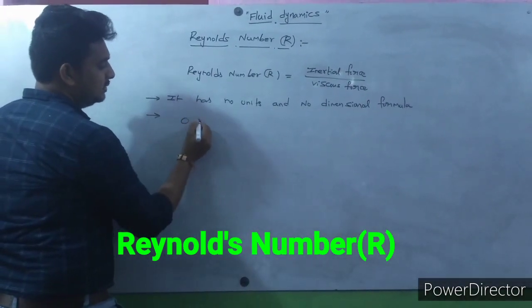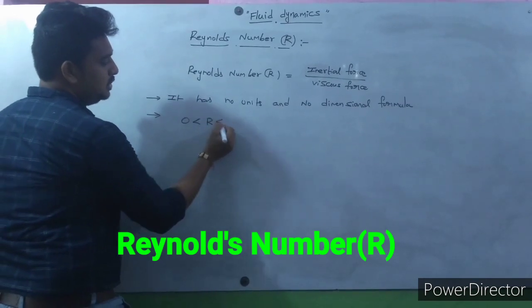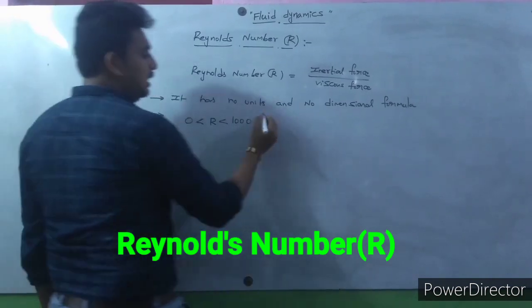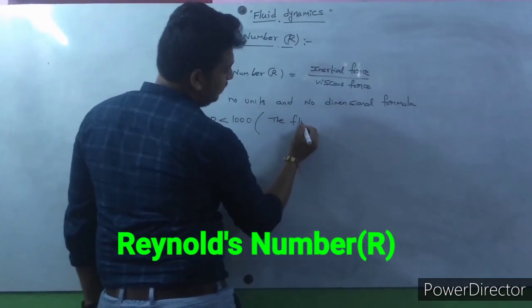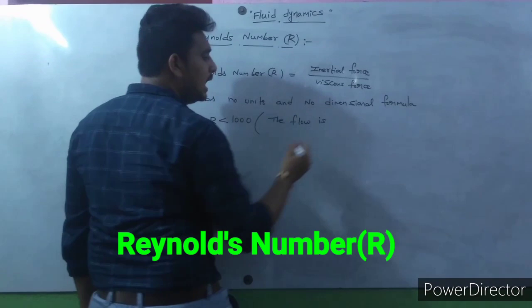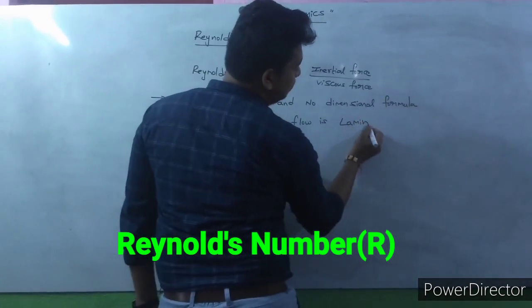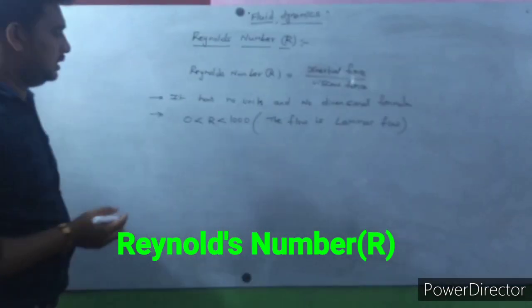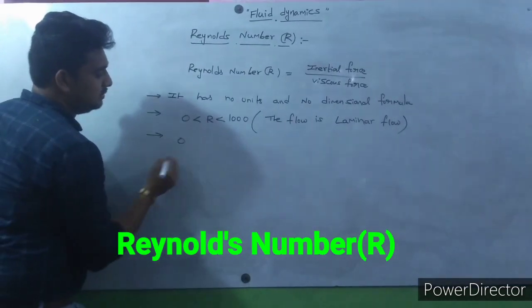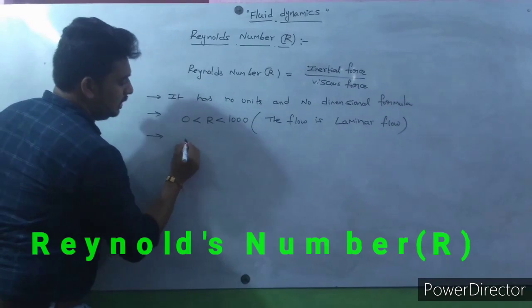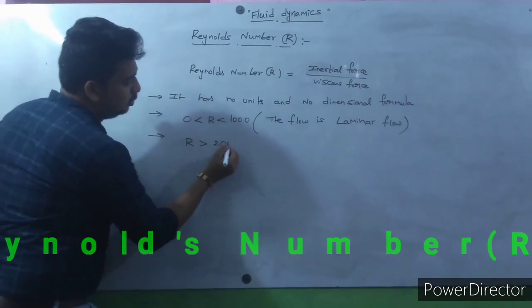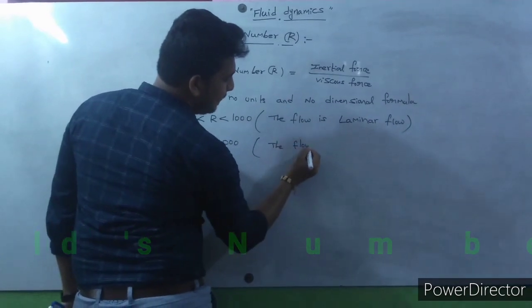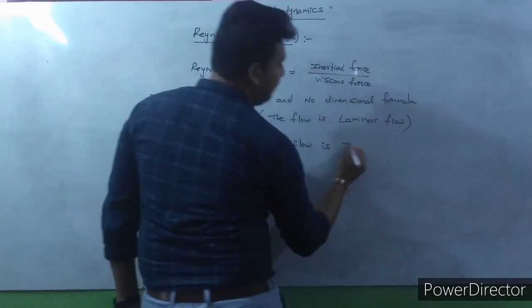Reynolds number between 0 to 1000, the flow is laminar flow. Reynolds number greater than 2000, the flow is turbulent flow.